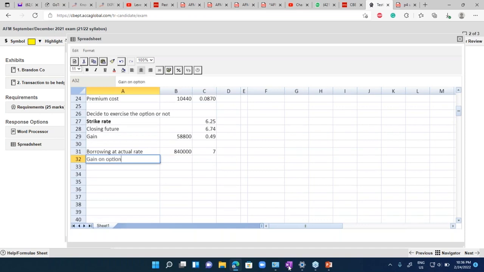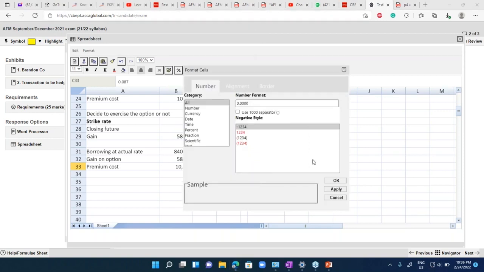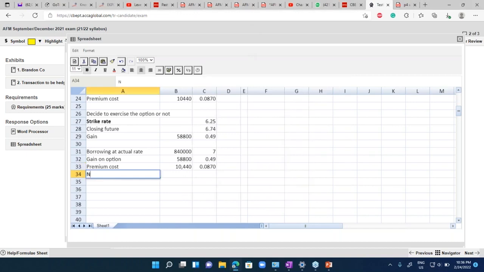Gain on option, premium cost, net receipt, net interest cost: 6.597.